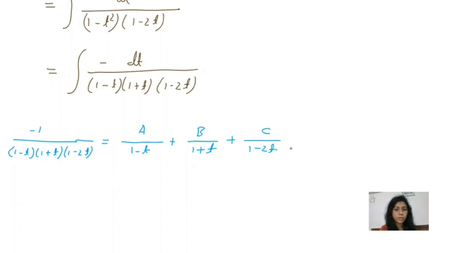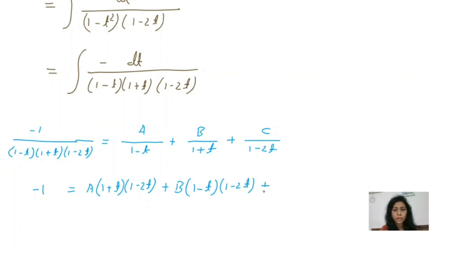But here we have to remove this fraction, so multiply both sides by 1 minus t, 1 plus t, 1 minus 2t. So we get minus 1 is equal to A. Here 1 minus t cancels with 1 minus t, and we are left with 1 plus t, 1 minus 2t, plus B. Here 1 plus t cancels, so we get 1 minus t, 1 minus 2t.